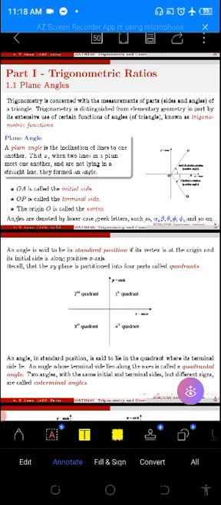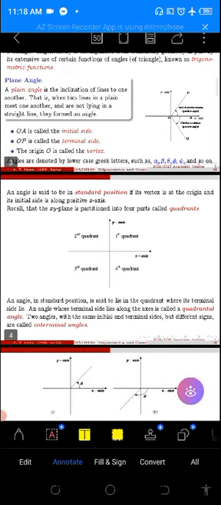And the origin is called the vertex. That's the point where the two lines meet. If you take the line OA and OP, the vertex is O. Taking the line OA and then OQ, the vertex is still O. That's where it serves as the meeting point of the two lines.